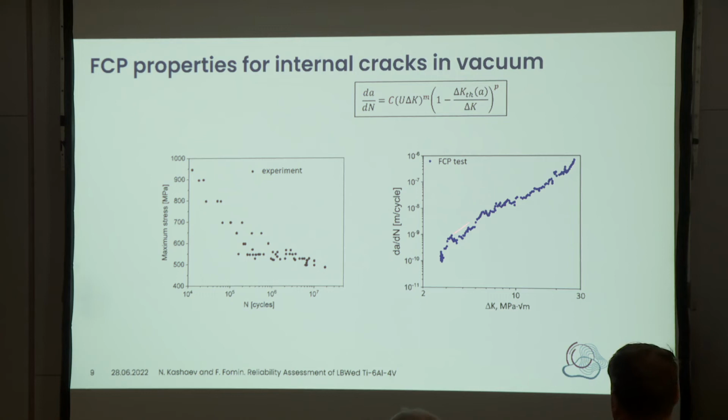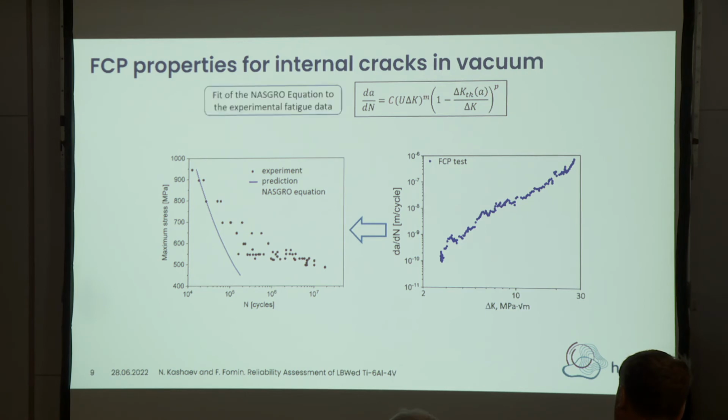And here is the FCP data obtained using CT specimens in order to identify the coefficients of the NASGRO equation. However, if we use our model for the near threshold behavior with these coefficients, we have a disagreement. The question is why. I will explain a little bit later.